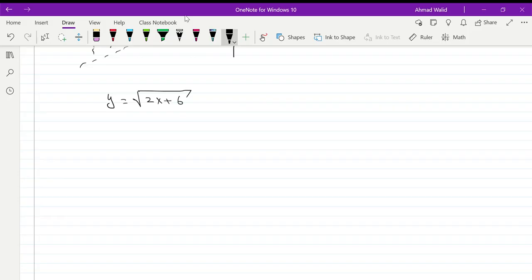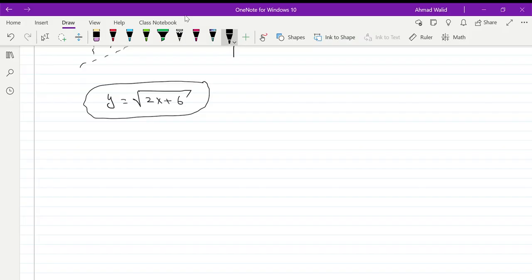Before showing you how to find the domain of a function like this, which we call square root functions or radicals, before explaining the actual method for you, let me show you something.